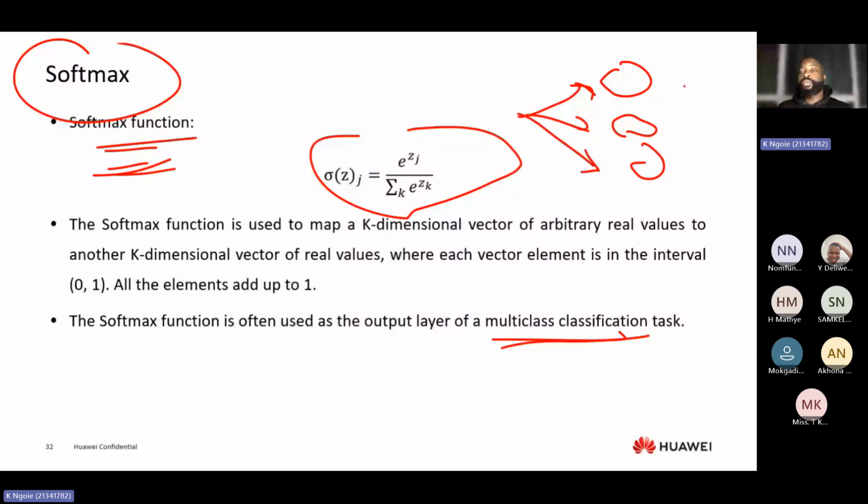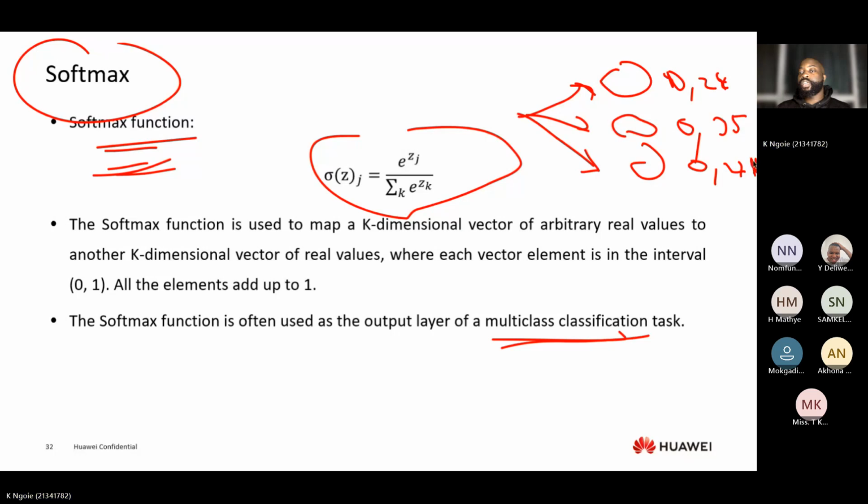Let's say, for example, it's going to give you maybe here 0.24, and then here it gives us maybe 0.35, and then here it's going to give us maybe a 0.41.